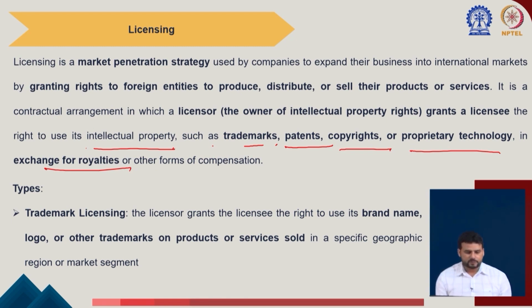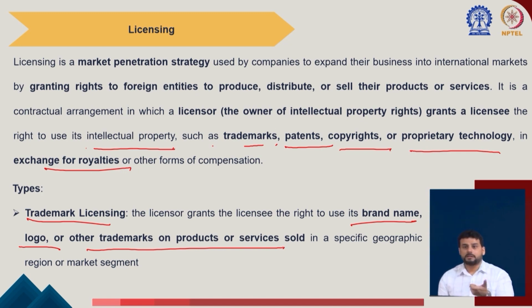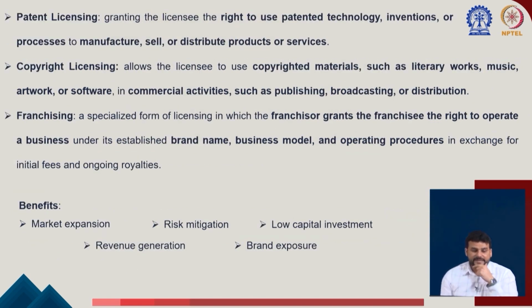What are the different types of licensing? Trademark licensing, where you can use the McD brand name, their logo, or the products and services they are selling in your regional market. Patent licensing is where you can use the patented technology or any invention done by them, like I talked about the secret recipe.